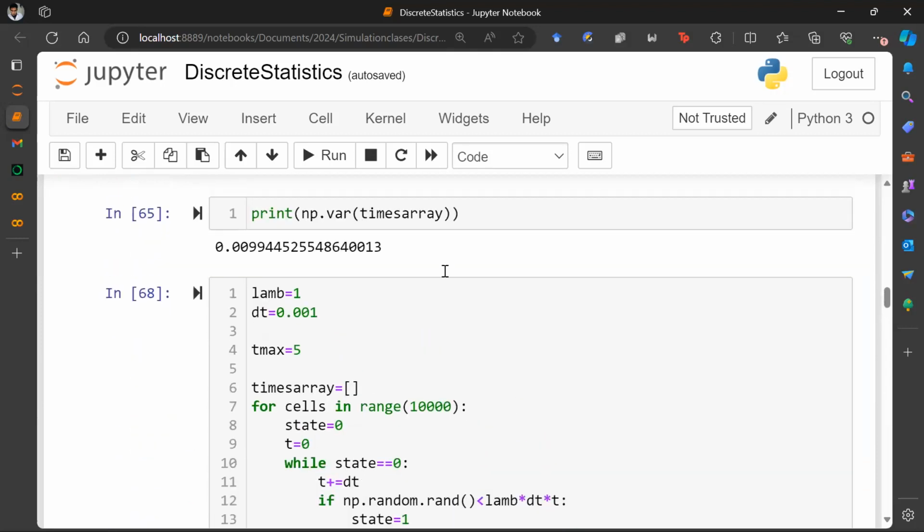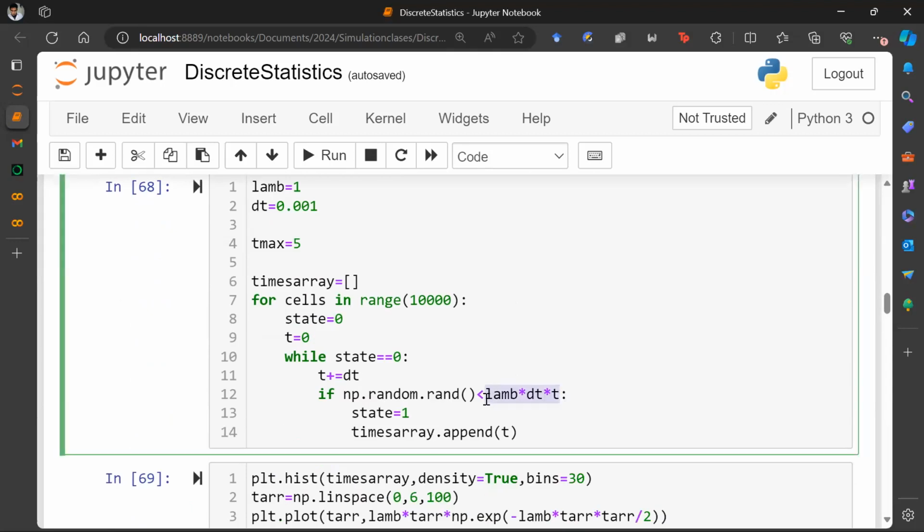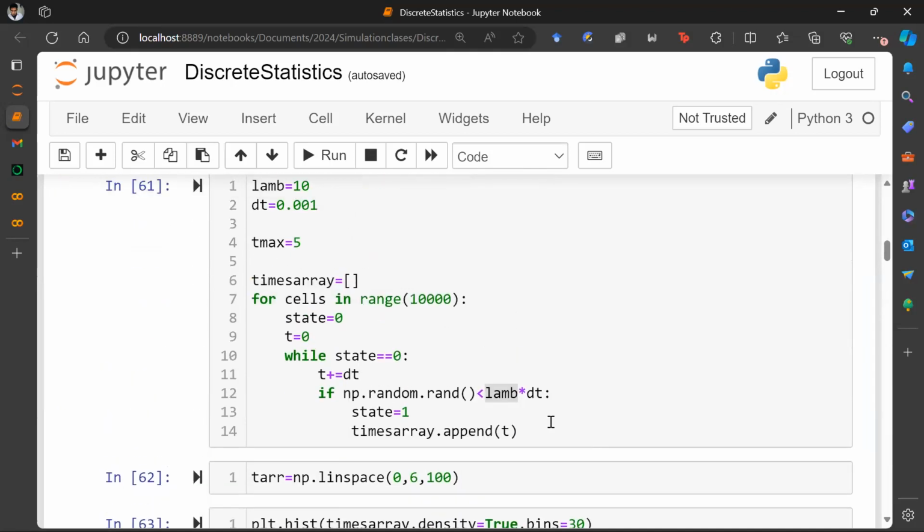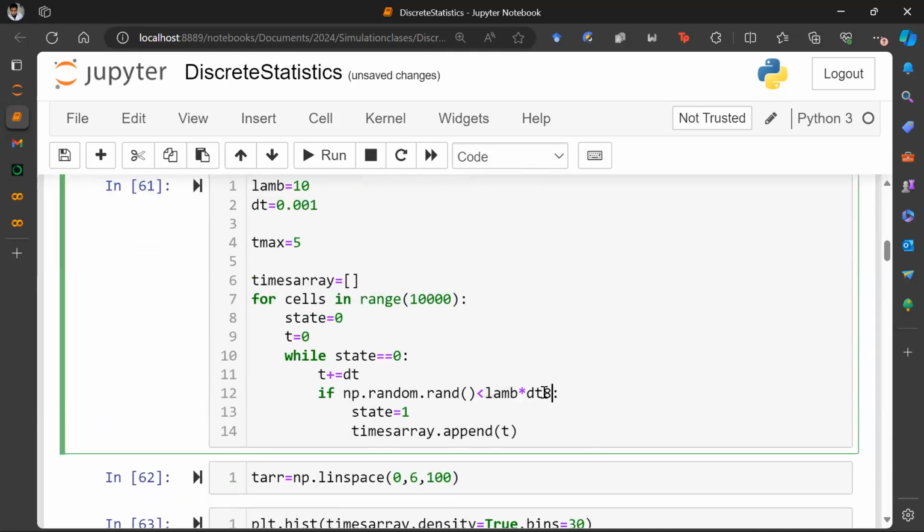For instance, here in the script, I had what happens if the rate is lambda times t. You have an idea what we do here? It's simply the same code, and I multiply by t. That's it.